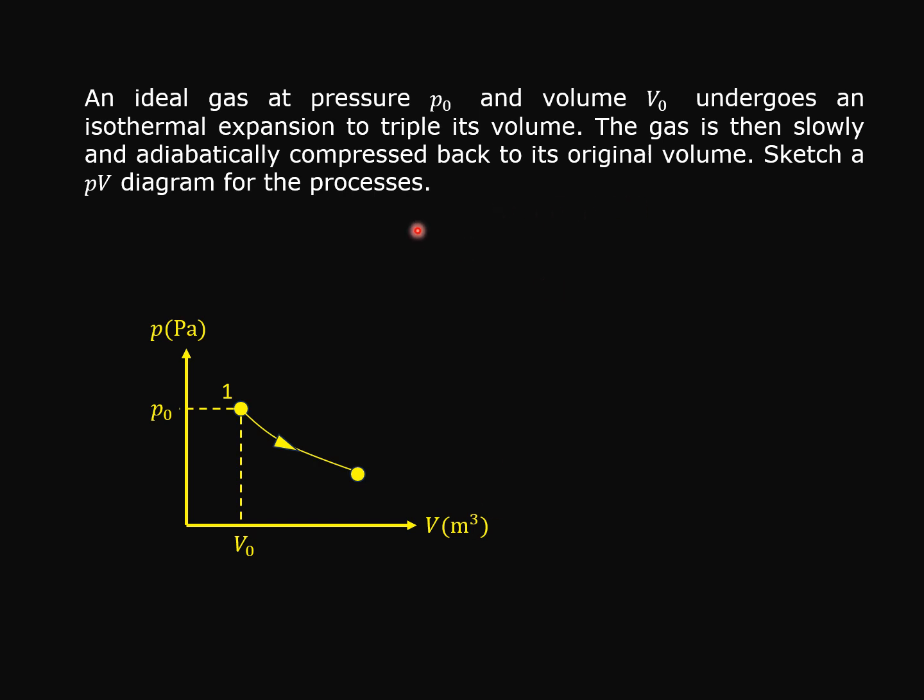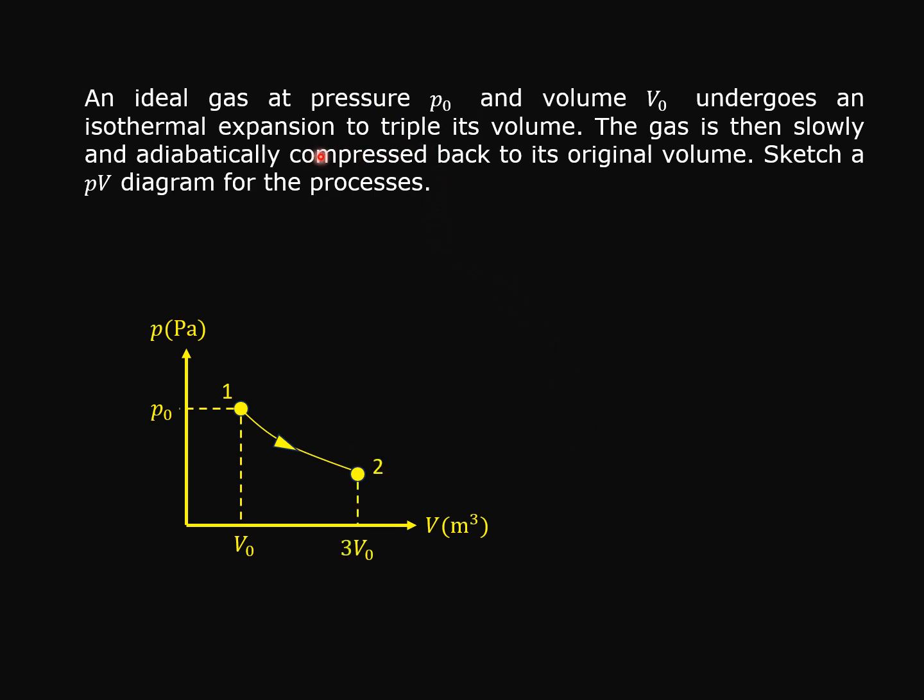The gas undergoes an isothermal expansion to triple its volume. So we can now sketch a curve to represent this thermodynamic process. This curve that represents the isothermal expansion, we call the isotherm. And this dot represents the final state after the gas completed the isothermal expansion.